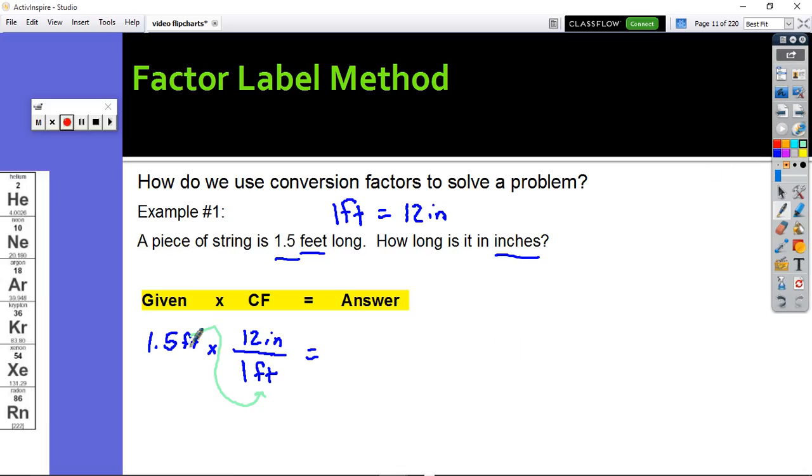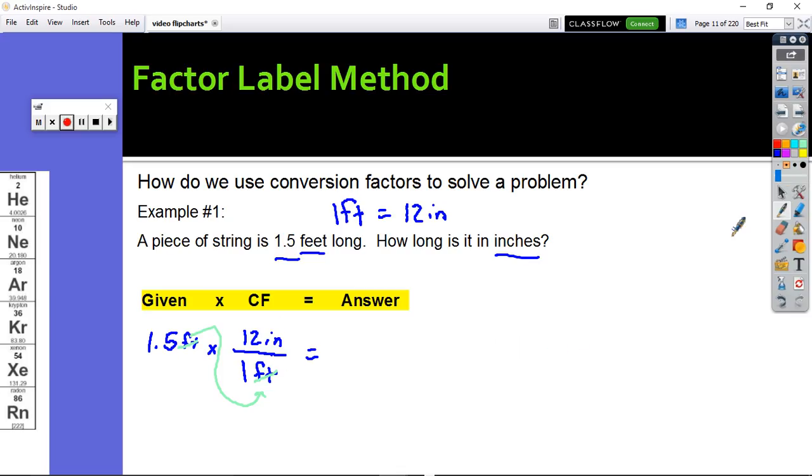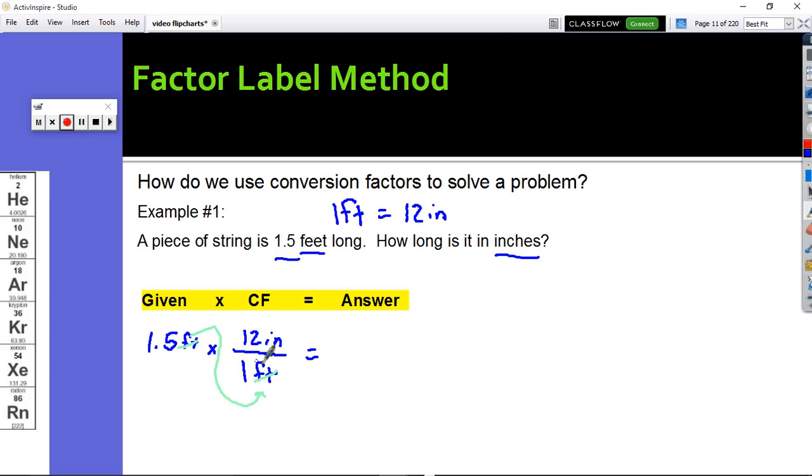Any unit that's the same on the top and the bottom can cancel out. So feet cancels out, and we get an answer in inches, which is exactly what we want. Now, in your calculator, you're going to multiply across the top, and you're going to divide what's on the bottom. So 1.5 times 12, get that answer, then divide it by 1. And your answer is 18 inches.